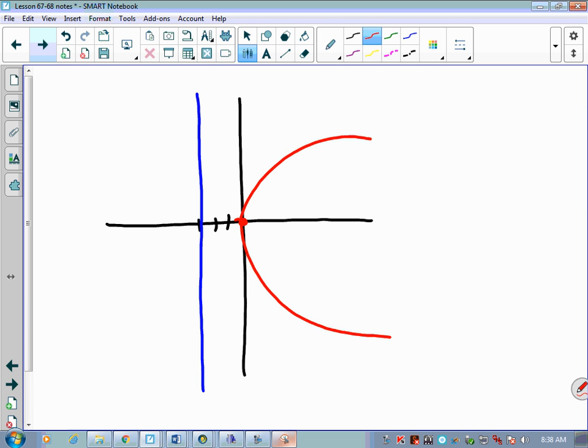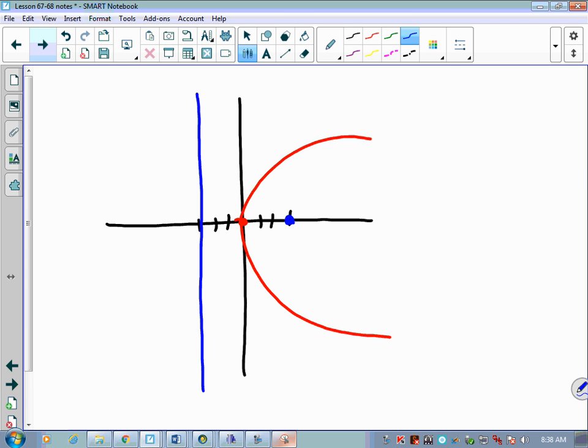So what you're going to see with this is our directrix. Our focus is a point that is the same distance from the vertex, but on the opposite side from our directrix. My focus point is right here. Because my directrix is 3 away from the vertex, my focus is going to be 3 away in the opposite direction.